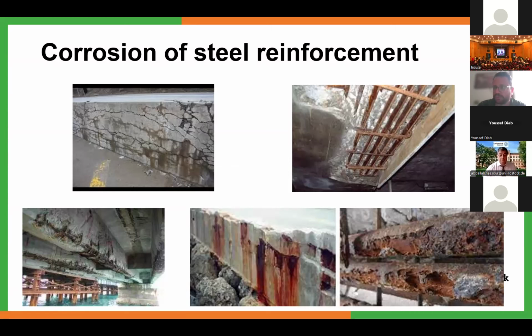Now, there are a lot of solutions to mitigate the reinforcement corrosion, but all these solutions we found are costly, and they don't protect the reinforcement 100% as well. It's also not sustainable.